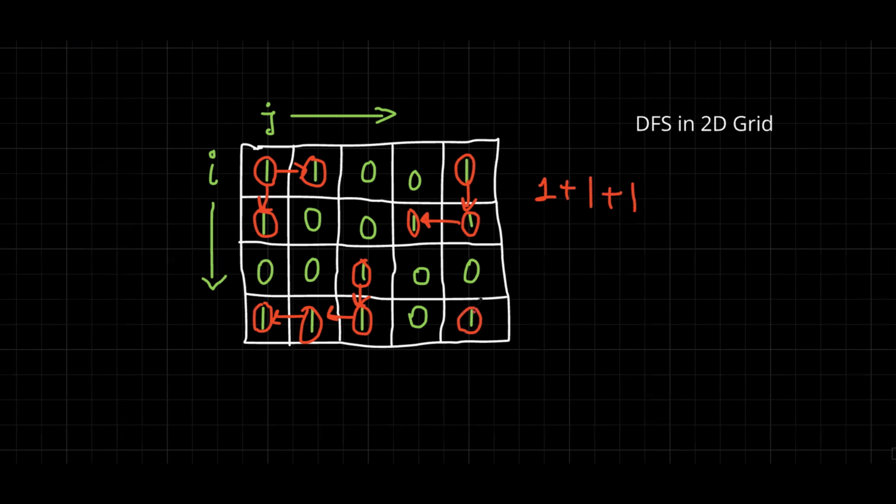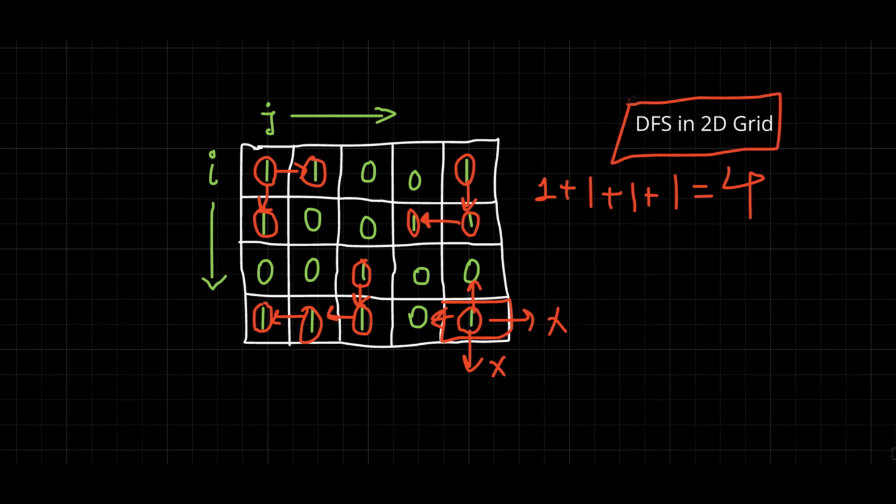But unfortunately, we cannot go in any of the 4 directions because its right side and down side are out of bound and its left side and up side are surrounded by water, which is the cell 0. So we cannot go there. So this is another island. So in total, we have found there are 4 islands, and this is how we are going to solve this problem by using DFS in a 2-dimensional grid. I hope you understood the algorithm.